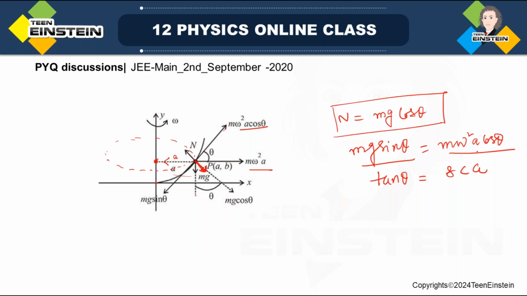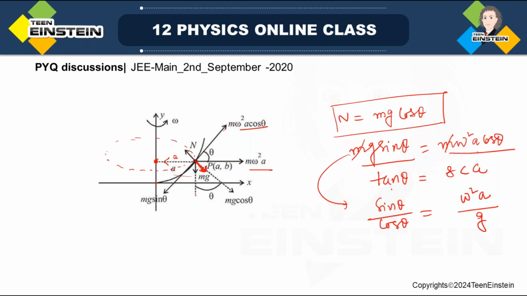Now from this equation, m gets cancelled, so sin theta by cos theta, that is tan theta, is equal to omega square a by g.